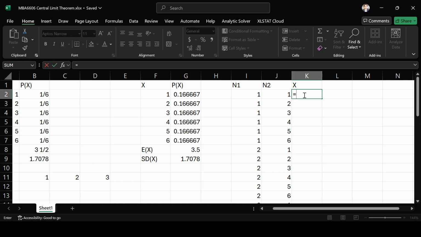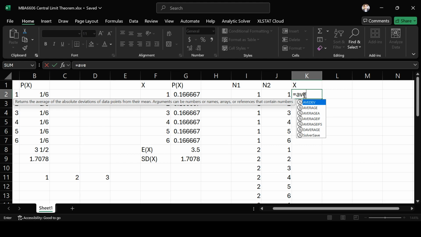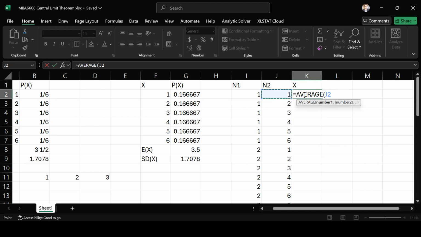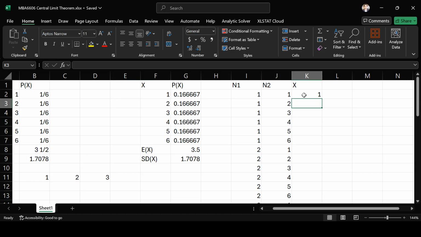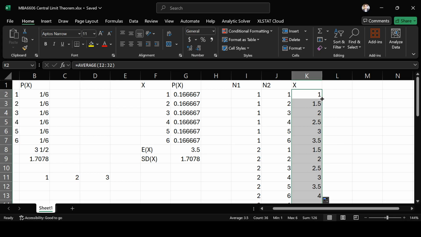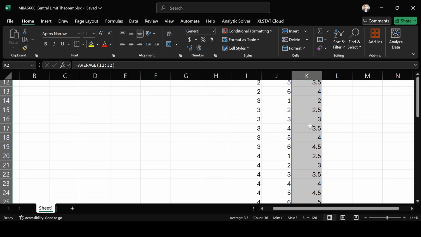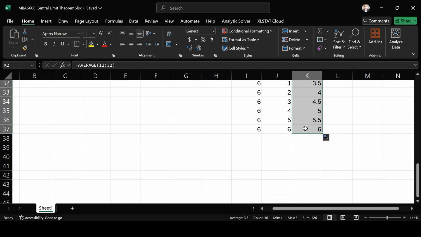The expected value of one experiment of rolling the two dice is the average of the outcomes of each of them, and that becomes your expected outcome. So when it is 1 followed by 2, the expected outcome is 1.5, and this way we have generated the average value of the outcome for all the 36 possibilities.